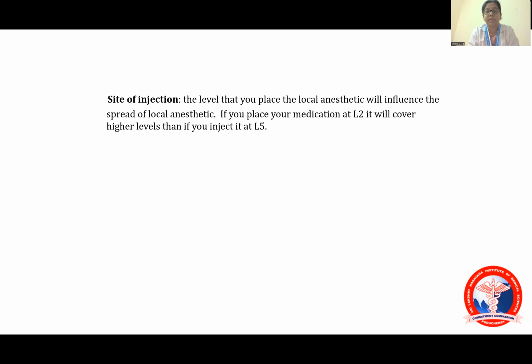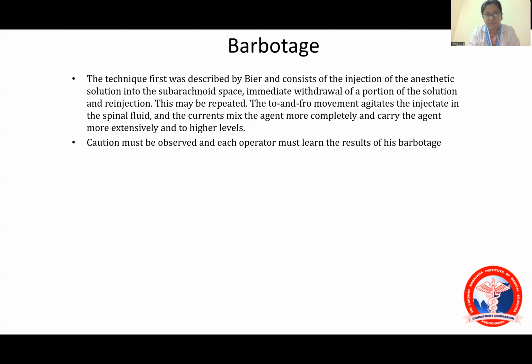So if we place our medication at L2, it will cover obviously higher levels than if you inject it at L5. This is a technique called barbotage. Barbotage was described by Bayer. And what is it? It consists of injection of anesthetic solution into the subarachnoid space, like the spinal we are giving. Then we have to immediately withdraw a portion of the solution and then re-inject it.